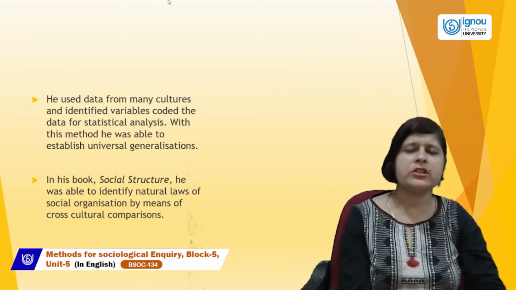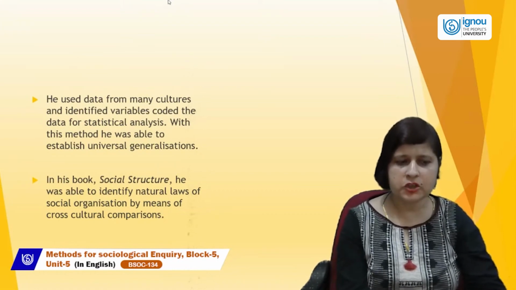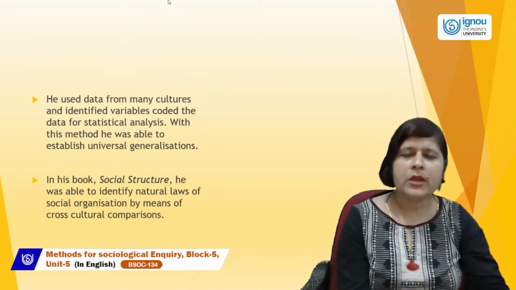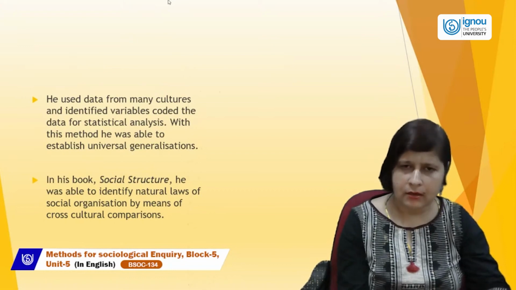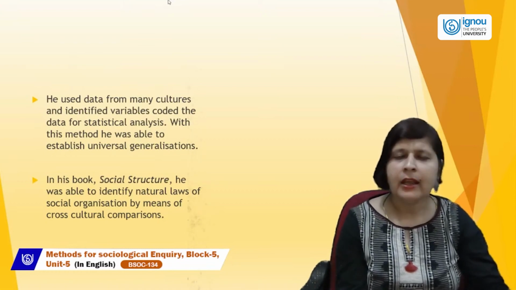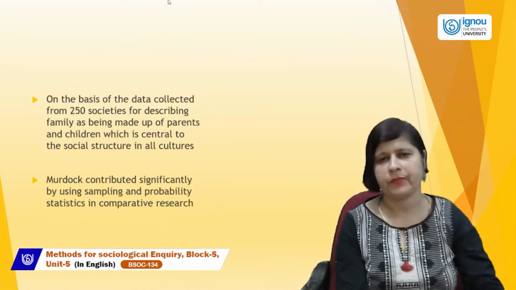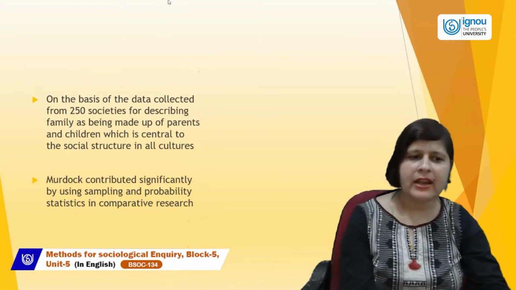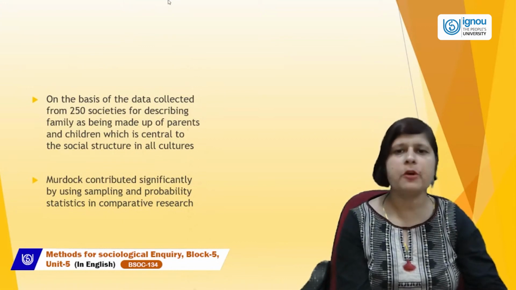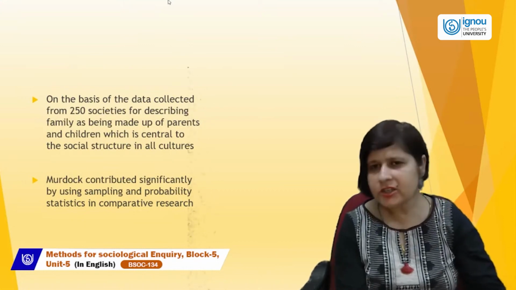In his book, Social Structure, he was able to identify natural laws of social organization by means of cross-cultural comparison. By comparing the cultures of various societies, he identified the natural laws of social organization, on the basis of data collected from 250 societies, describing the family as being made up of parents and children, which is central to the social structure in all cultures.